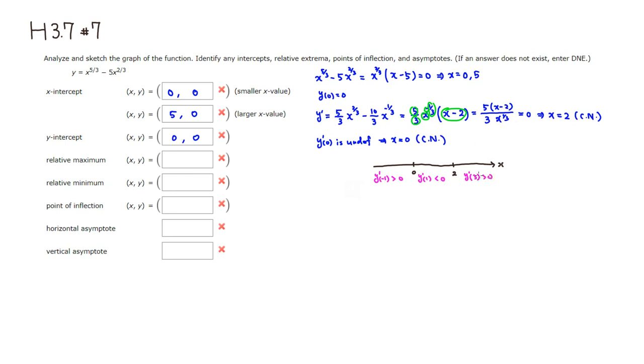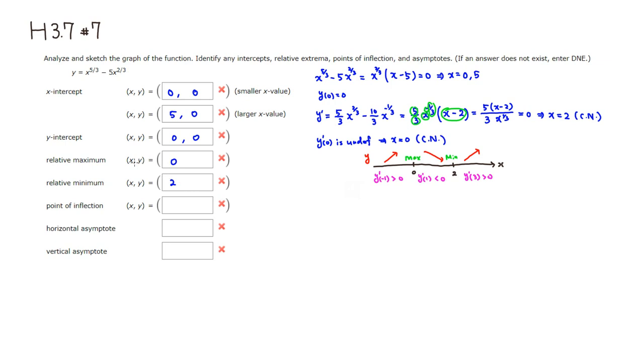So the original function y is increasing here, decreasing here, and increasing here. So we have a local maximum at 0 and a local minimum at 2.